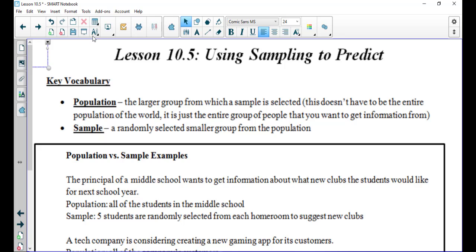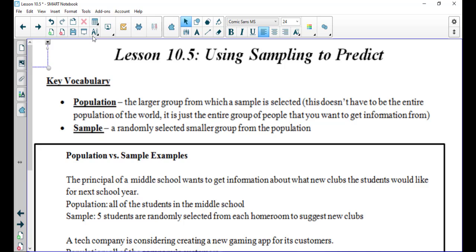Now, sometimes because we can't look at an entire population, we might choose a sample from that population that's randomly selected, and it's a randomly selected smaller group taken from the population to get information from. And if we have a randomly selected sample, we can make predictions about the entire population from that.